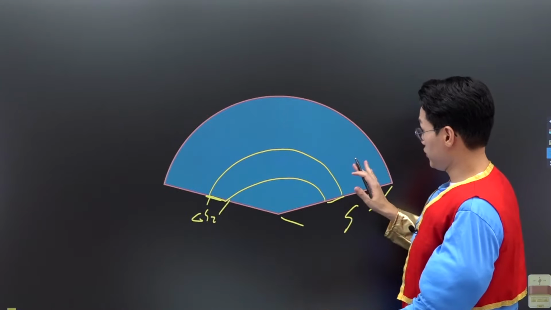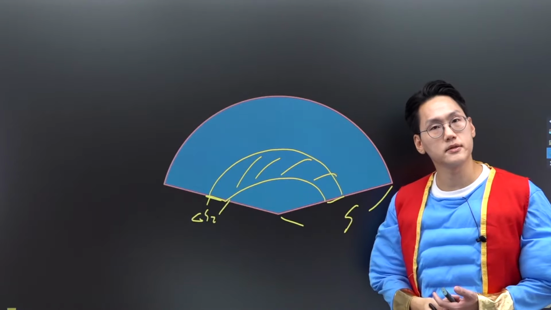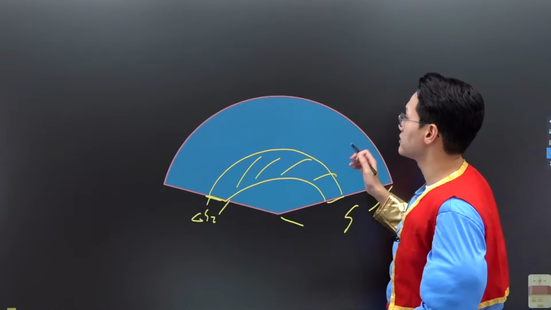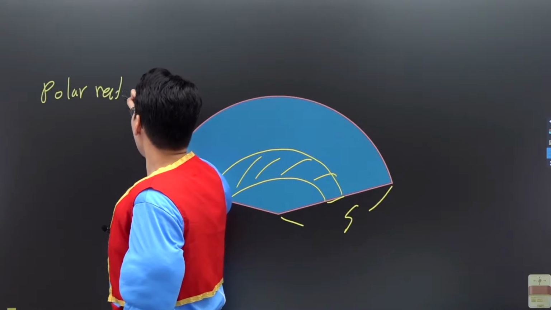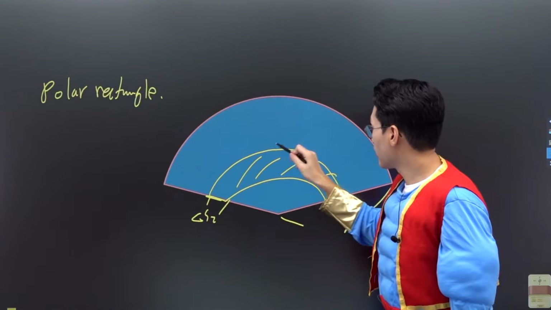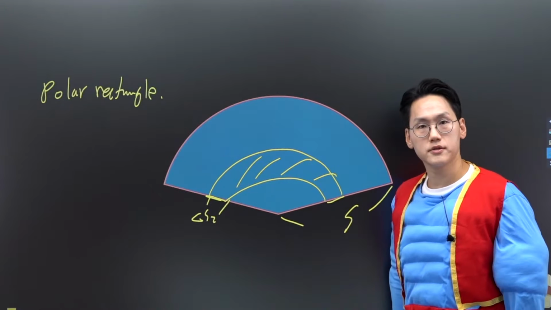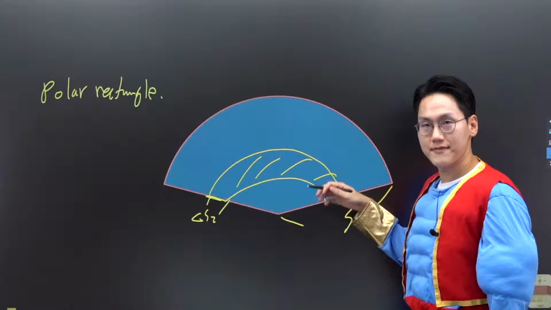So this sort of shape can also be approximated by a rectangle. In this case, I'm going to call this a polar rectangle. Why? If you look at this arc length and that arc length, depending on the radius of the slanted height, each is going to have a different length.